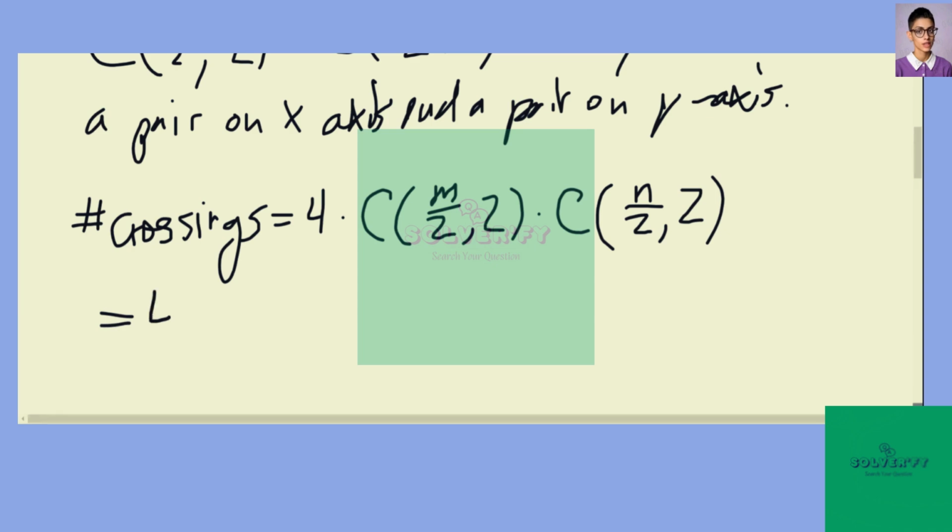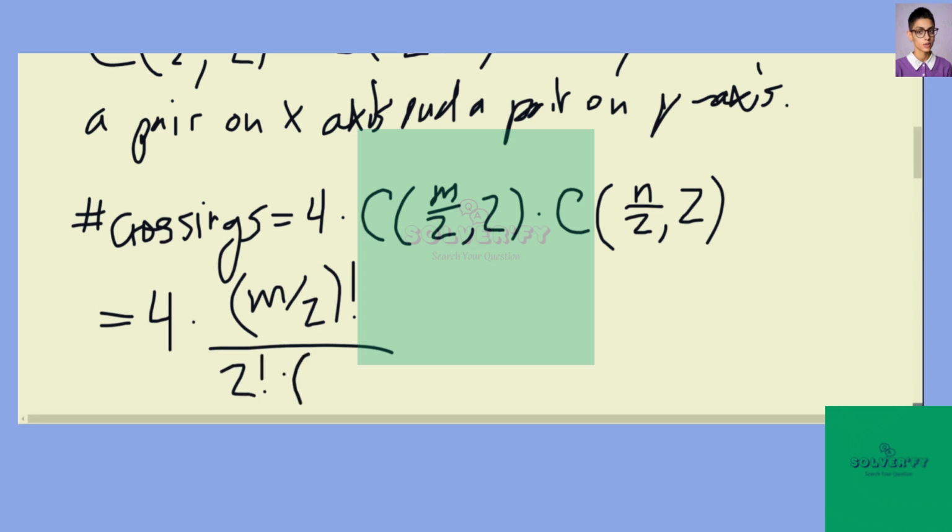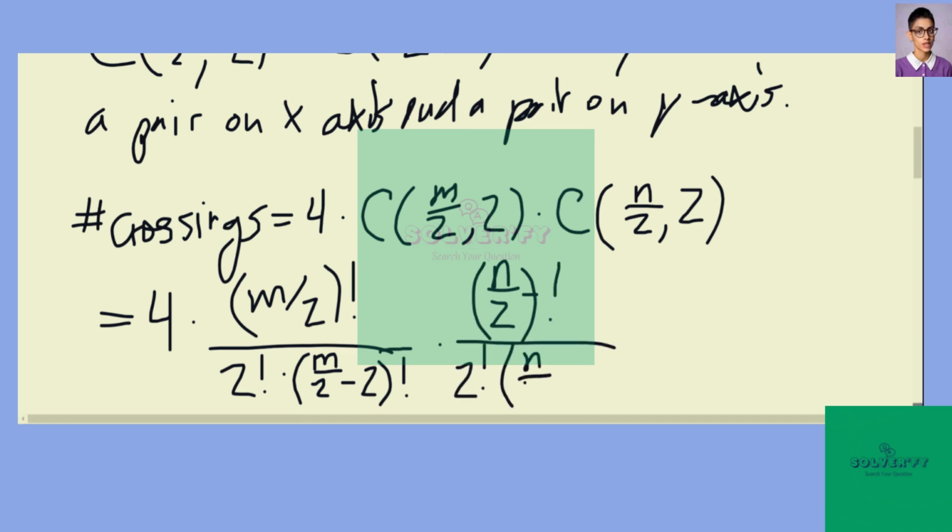This is equal to 4 times (m/2)! over 2! times (m/2 minus 2)! times (n/2)! over 2! times (n/2 minus 2)!.